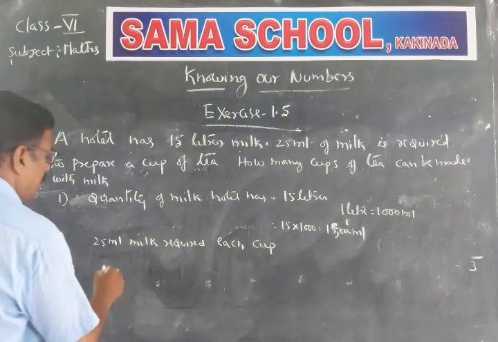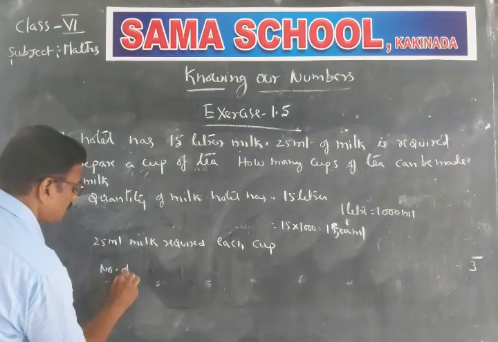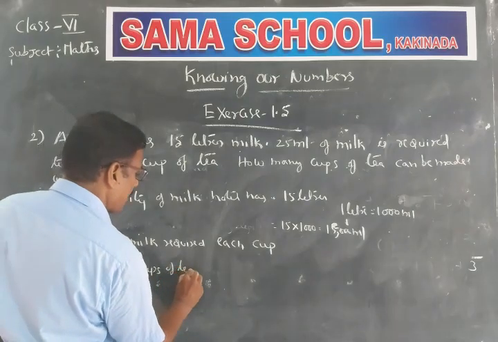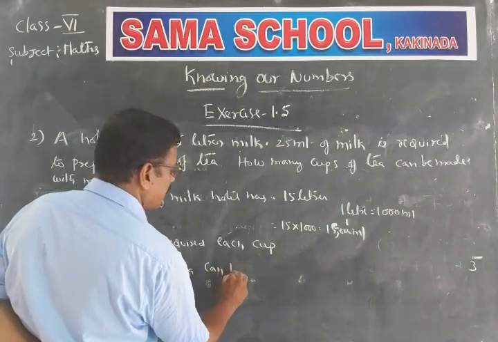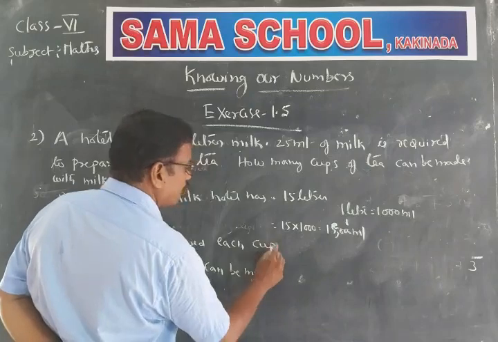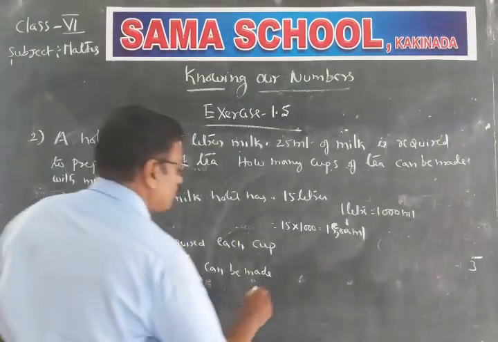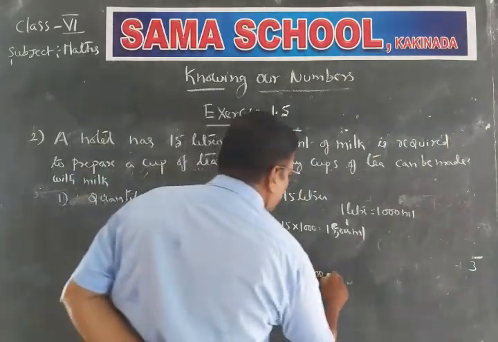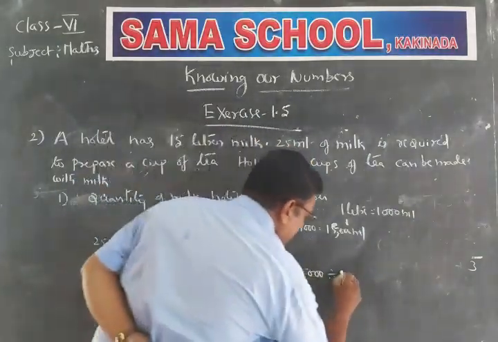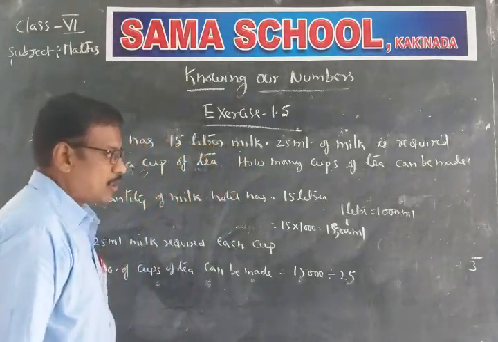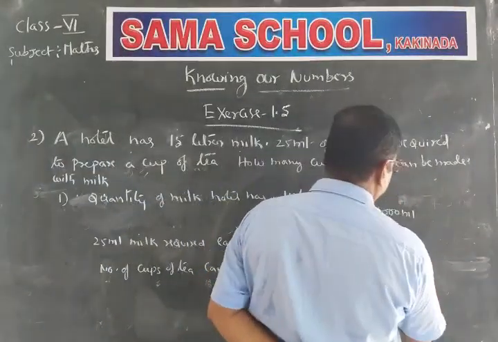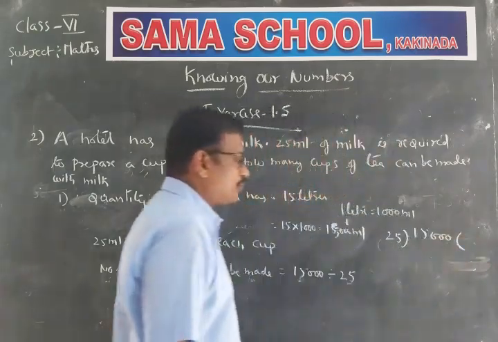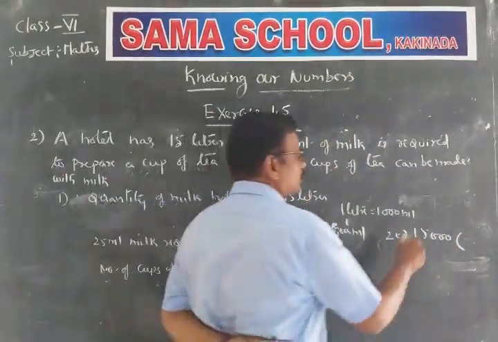So the number of cups of tea that can be made in 15 liters of milk: 15,000 divided by how much each cup? 25 ml. Now divide 15,000 by 25. So how many times is 25 divisible?